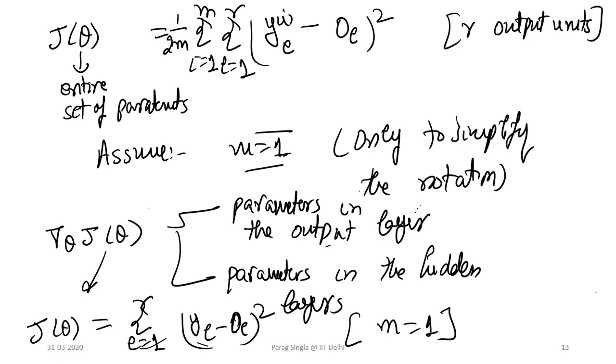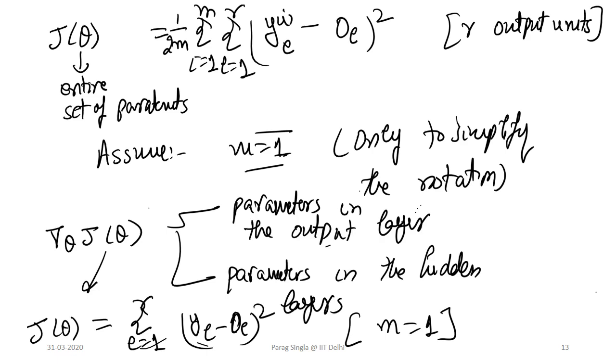This will be our objective function for the multi-layered neural network, where there are R output units. So this is simply the sum of squared error over all such R output units.